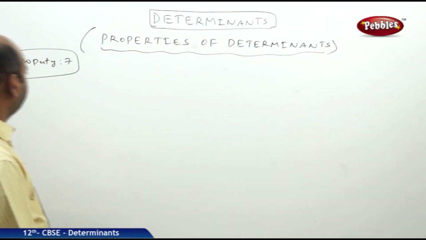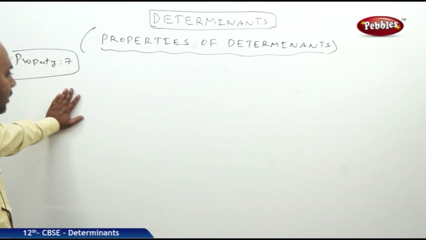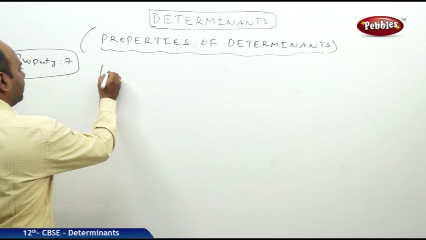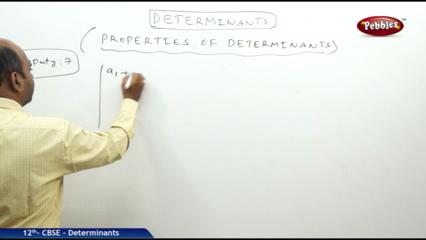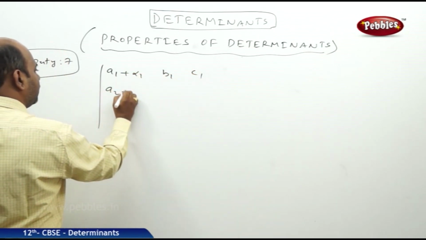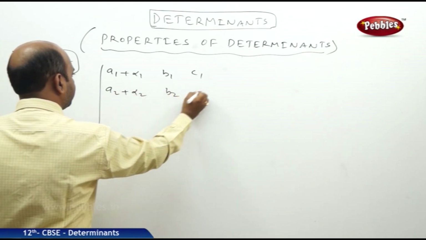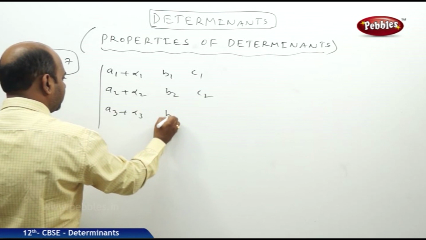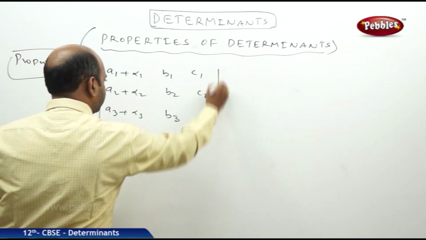Now we shall be seeing the last property in these determinants. Sometimes while solving problems, we come across a determinant of this type: A1 plus alpha 1, B1, C1; A2 plus alpha 2, B2, C2; A3 plus alpha 3, B3, C3.